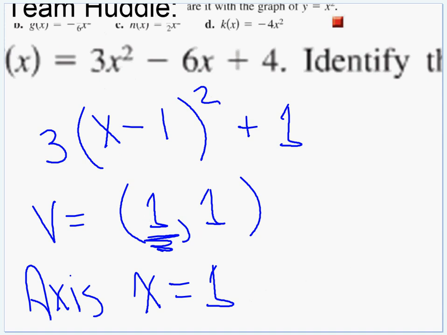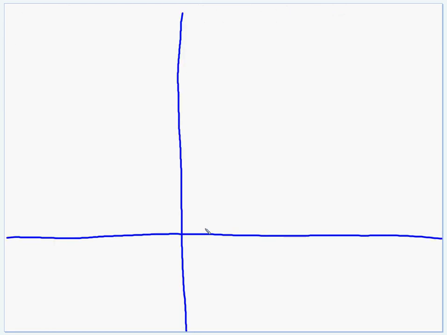So vertex 1, 1. Let me start a new slide. Vertex is at 1, 1. Now it's going to open up, but much faster than the typical x squared. Here's our axis of symmetry. Thinking off to the side here, on our basic parabola, this would be the point 1, 1, and this would be our vertex.